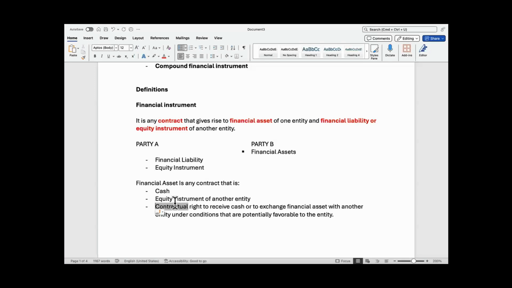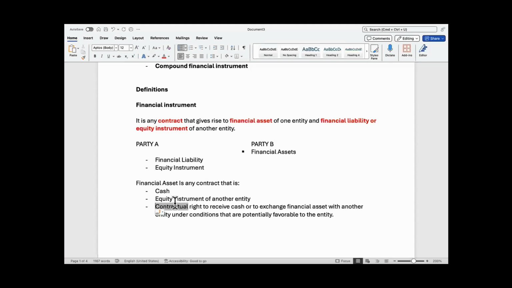And typically, this will arise when you lend people money. When you lend people money, you automatically have a contractual right to receive cash. Or when you sell goods on credit, wherein you are now having trade receivables in your book. Trade receivables in your books means you have right to receive cash. The customer must pay you.